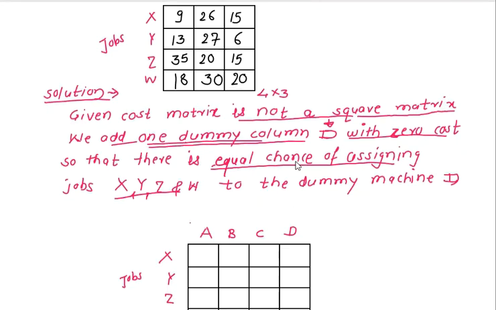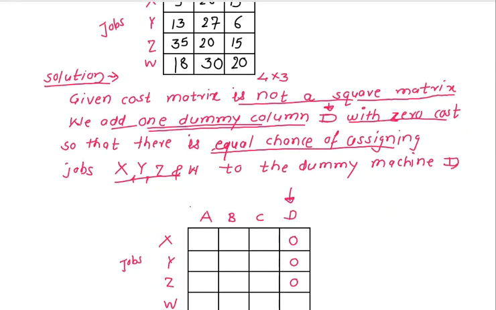We have added this column D. It is a dummy column, and we add this dummy column with zero cost of assignment, so that we can assign any one of these four jobs to this dummy machine. Other costs we keep as it is.